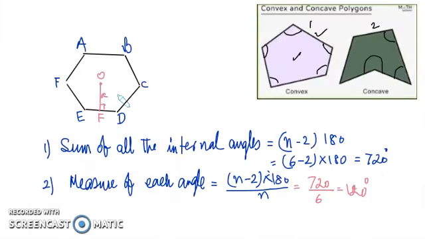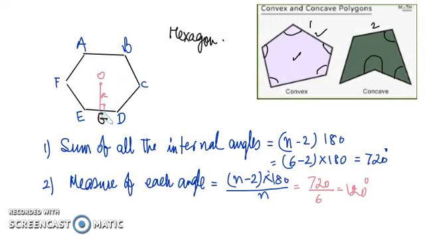Now in this figure, as you can see, A, B, C, D, E, F, that is a regular polygon, and it has 6 sides. So we call it a hexagon.